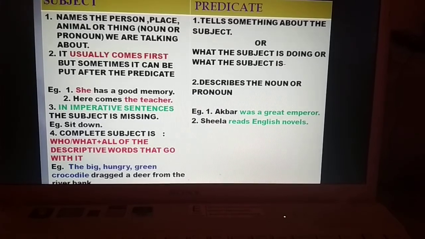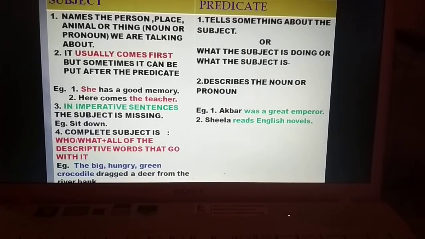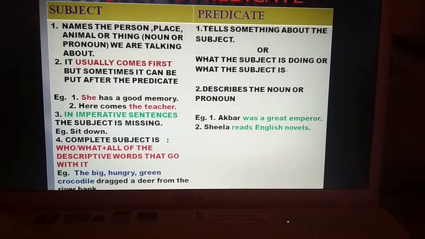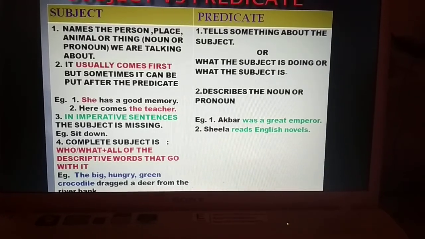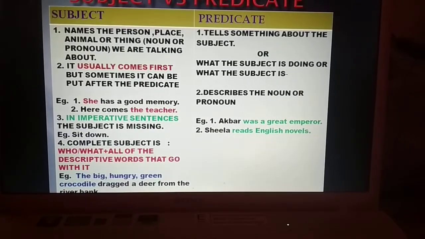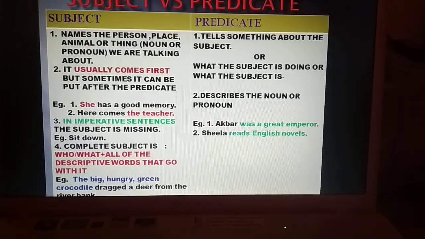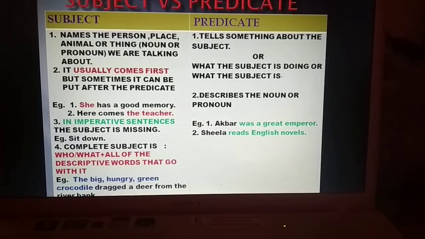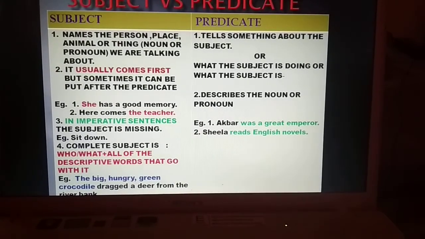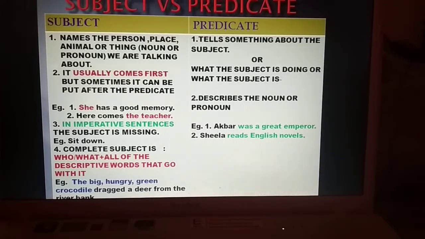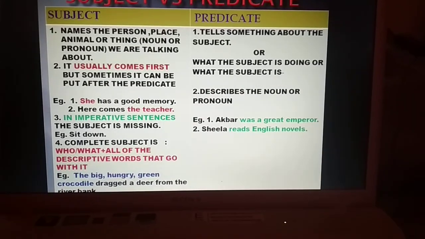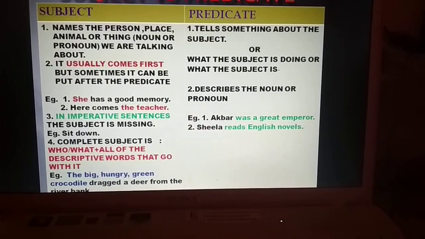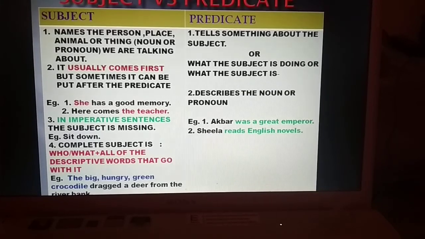Okay, so all these words which are describing that particular crocodile, they will be considered under the category of subject. So we are not going to underline only crocodile as our subject. We are going to take all the descriptive words about that crocodile as our subject. So in this sentence, the big hungry green crocodile is our subject, and the rest part of the sentence, dragged a deer from the river bank, this is our predicate.